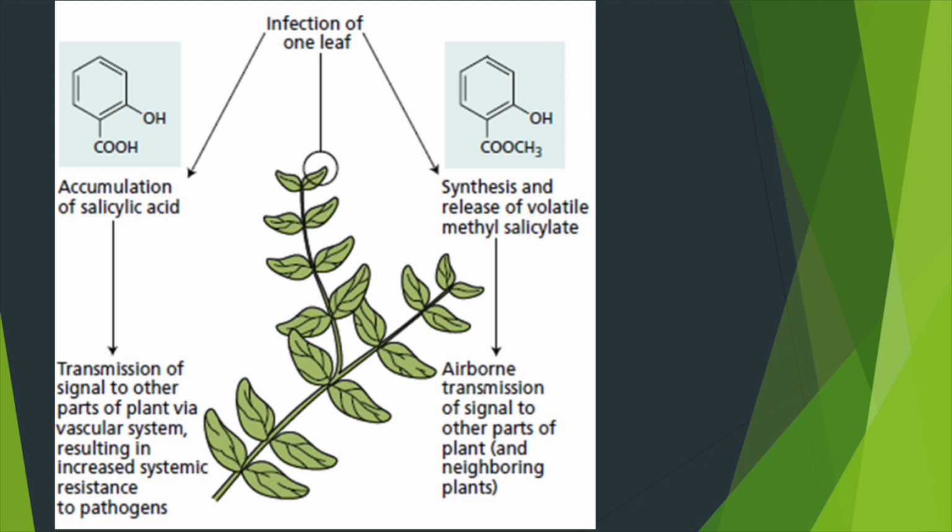So, once a plant is infected by a pathogen, that particular plant will produce methyl salicylate, and this methyl salicylate, which is volatile, will sensitize other plants which are very close to this particular plant, and then it will induce a response. That is, it will prevent the pathogen from infecting other healthy plants in that particular field. So, this is another mechanism by which plants will transmit the resistance to other plants that are next to them.